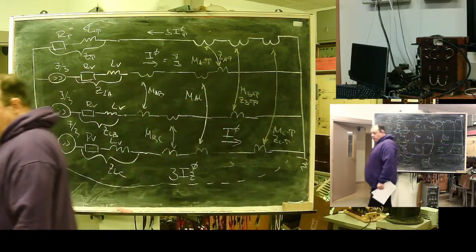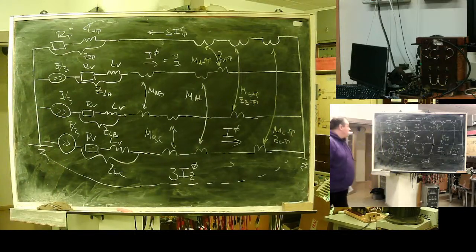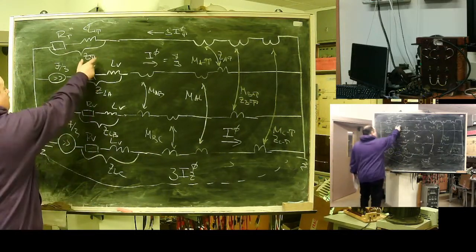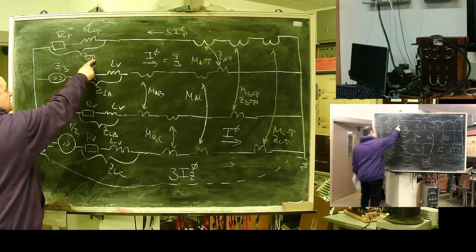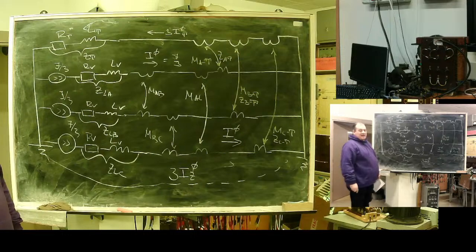This means that for this element, when we are looking for zero sequence, we need to put a triple resistance.